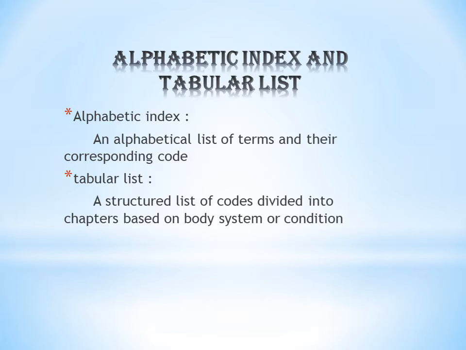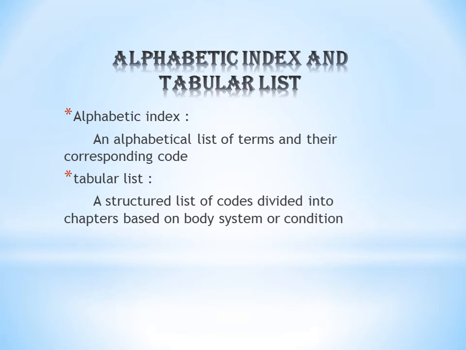And the second part is the tabular list, a structured list of codes divided into chapters based on body system or condition. After all four parts of the alphabetic index, the remaining portion of the ICD book is the tabular list.